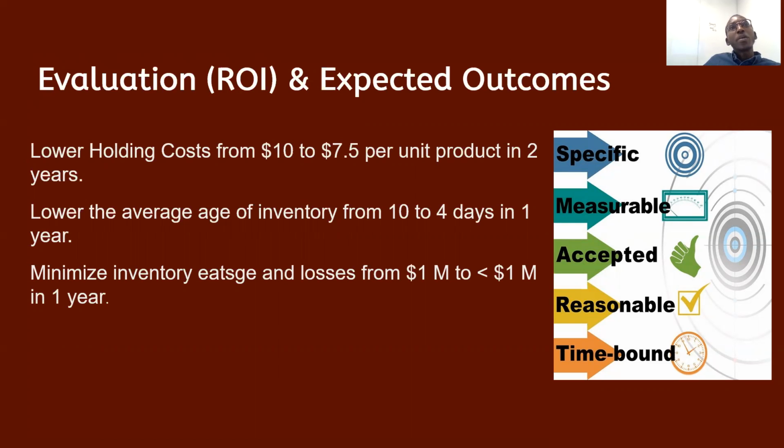We also expect to minimize inventory wastage and losses from $1 million per year to under $1 million in 1 year. All these goals satisfy the SMART goals that we discussed earlier in the class. So they're specific, they're measurable, they're acceptable, they're reasonable, and they're time bound.